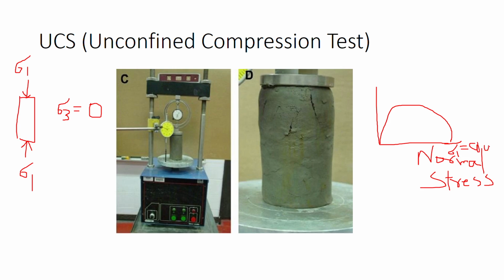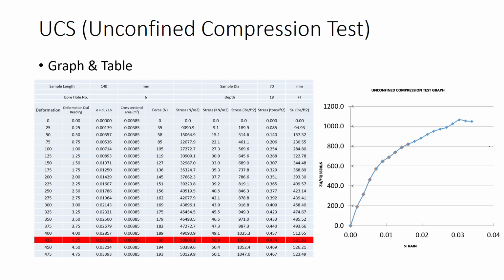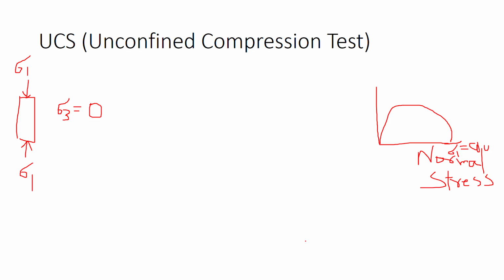This is the Qu point, which is divided by 2. So this is the Su and Cu value, which is half of the stress of the sample.